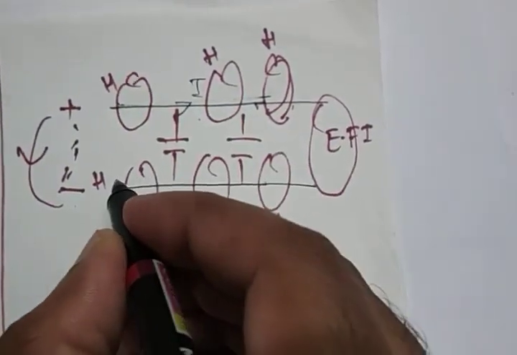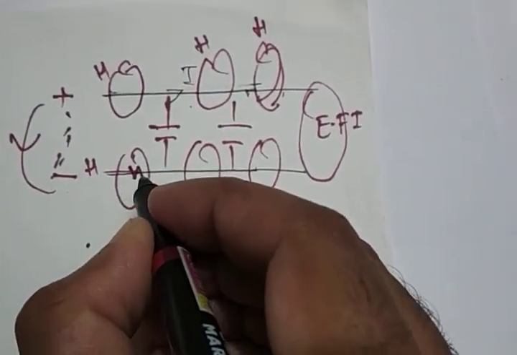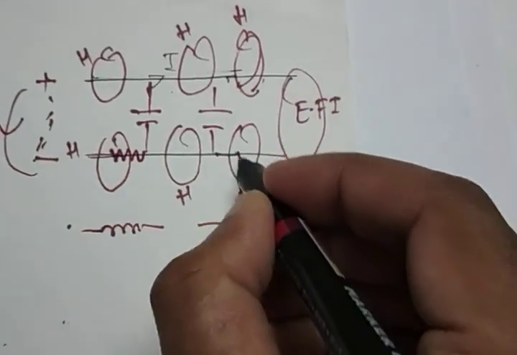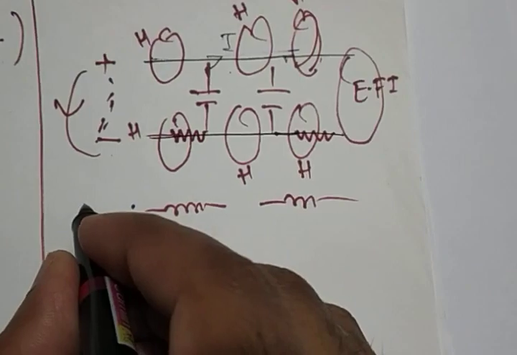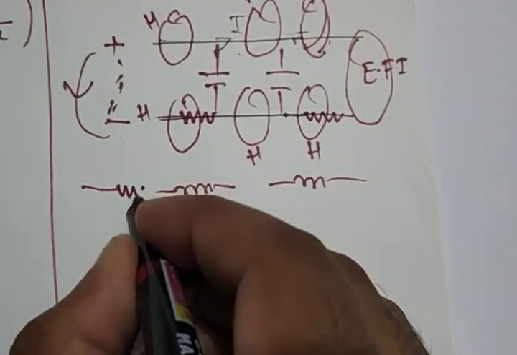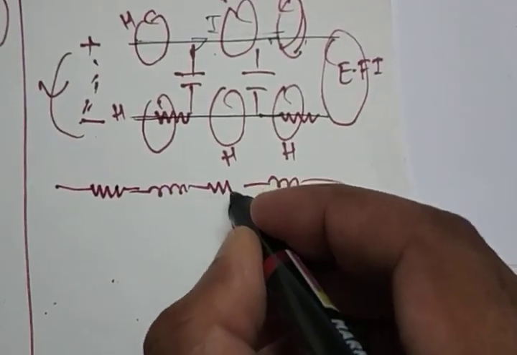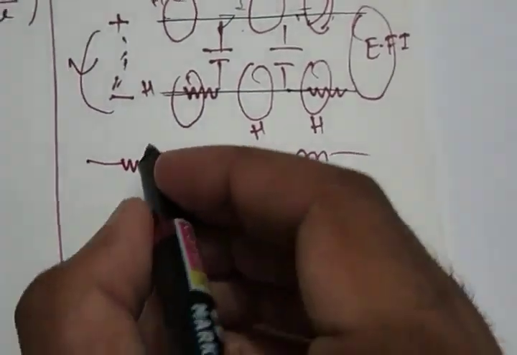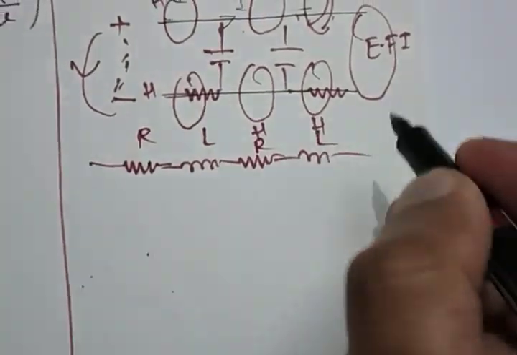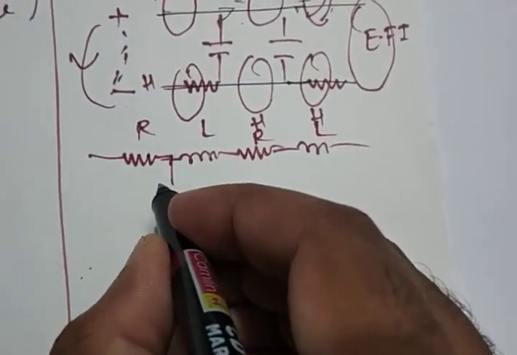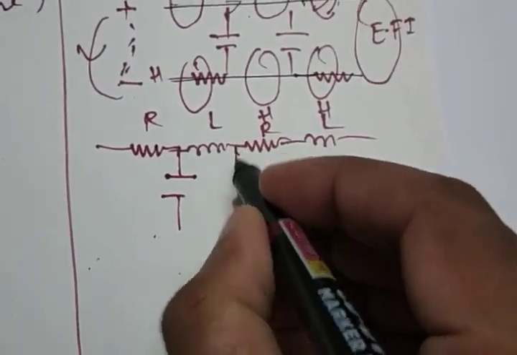Whenever there is a conductor, any material will have its own internal resistance. So there will also be the presence of virtual resistance. So we have resistance, inductance, and along with that, we have the capacitors.